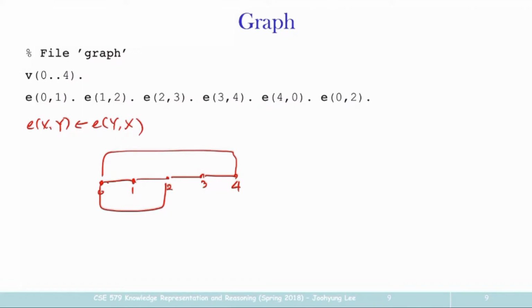Somebody says 2. 2? 4? Okay, somebody says 2. Maybe numbers are too complex, so let's use red and green. Let me use a different color here.